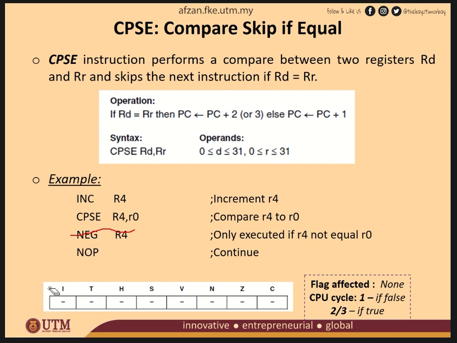If R4 and R0 are not equal, you do the NEG instruction followed by NOP. Alright, so that is for the CPSE instruction.